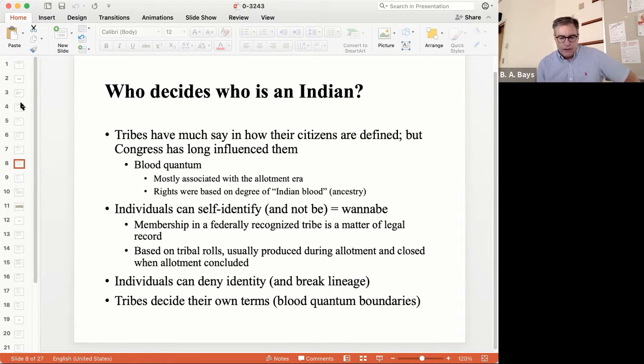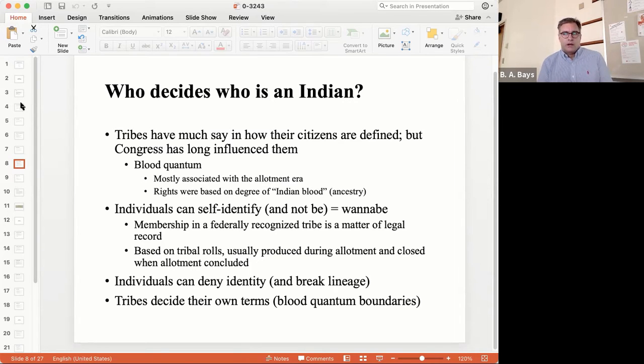In the allotment process, allotments went out typically to each citizen, but when it came to the Burke Act and afterward, the removal of restrictions on allotments could be done earlier depending on the blood quantum of the allottee.